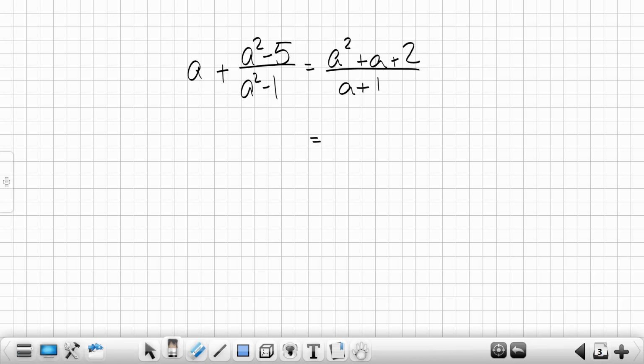The right-hand side factors. Maybe. Okay. Does it, actually? A plus 1 times a plus 1. So you're saying 1 times 1 is 2? A plus 1, so you're saying 1 plus 2 is 1.